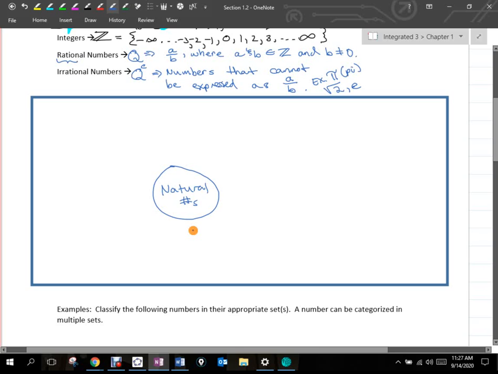So it comes from that list of 1, 2, 3, 4, 5, 6, 7, all the way to infinity. So that is a set. Around that, I'm going to put a whole other circle, and in that one, I'm going to write the phrase whole numbers.